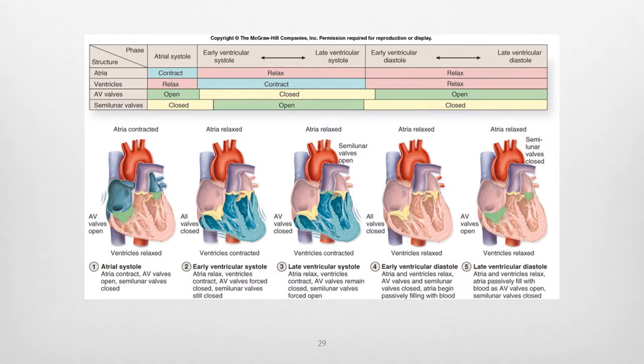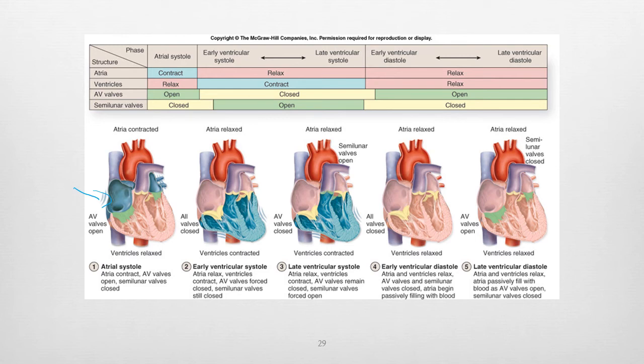And here we have a chart that divides everything up in terms of what's happening at every moment within the heart itself. Both atria and ventricles have a systole and a diastole, and different things are happening during each time. Initially the atria contract, so we have atrial systole.